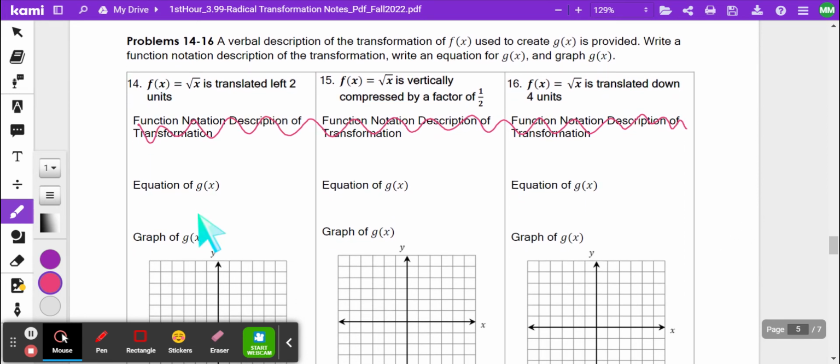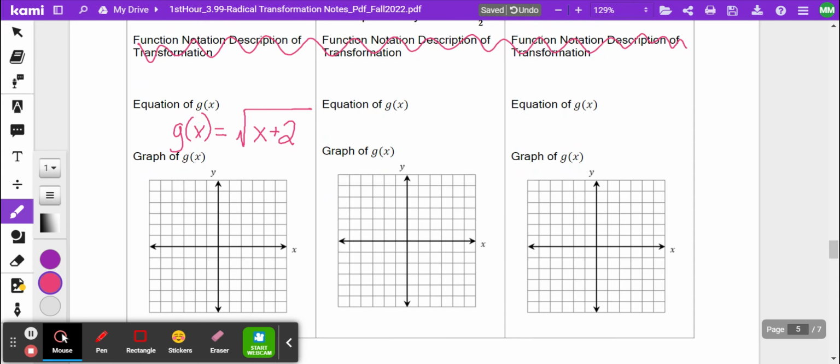So the equation, if we look at our table, if it's translated to the left, we're going to see that translation as plus that amount inside the square root. So inside the square root, it's going to be x plus however we're moving to the left. So that would be plus 2.